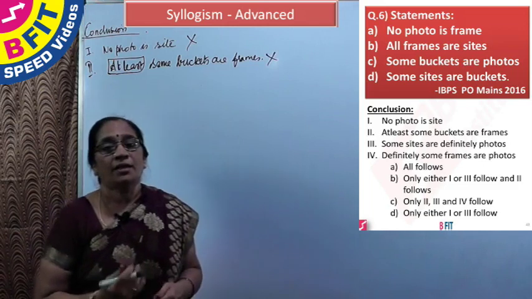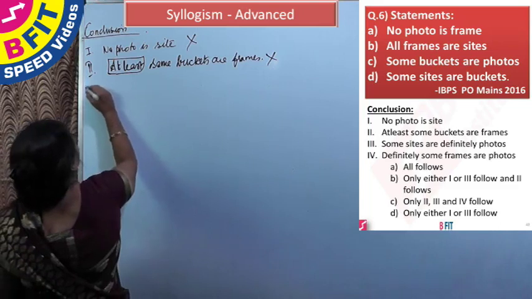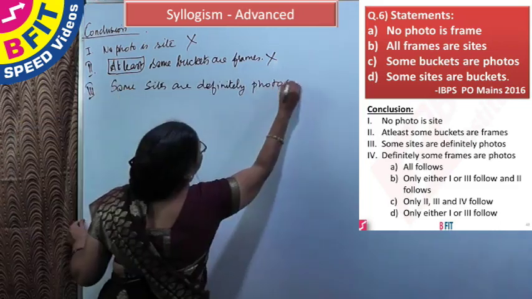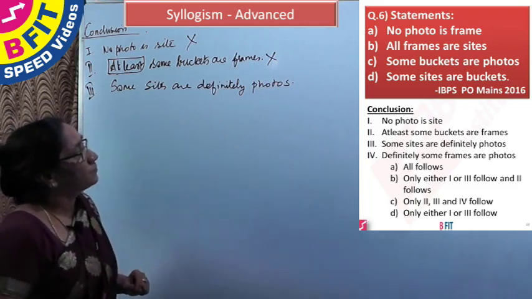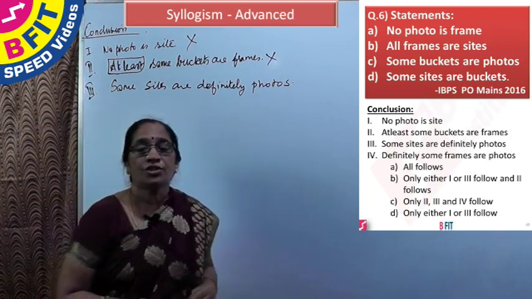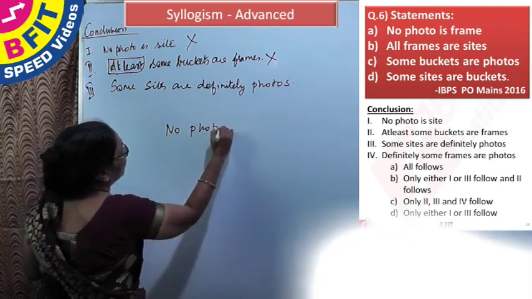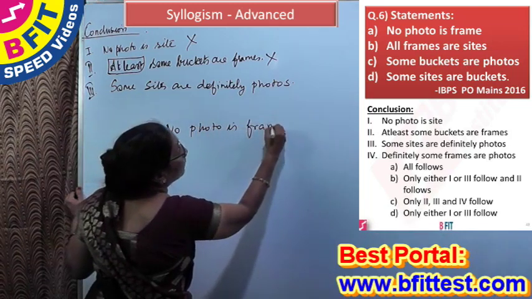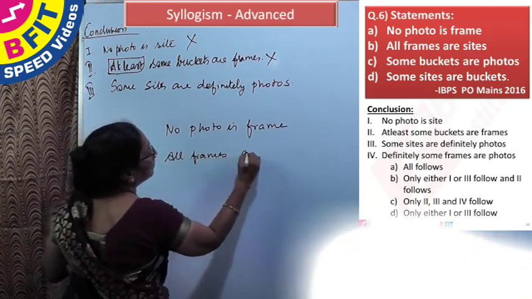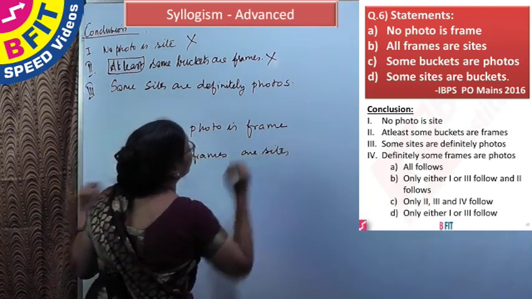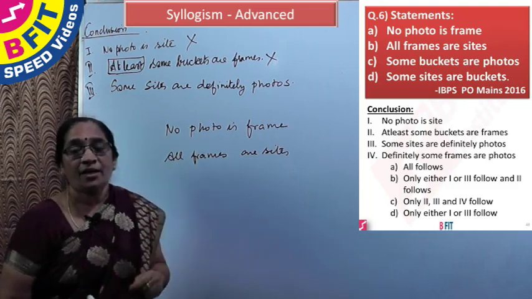Now let us take the third conclusion, some sides are definitely photos. For this, we will consider the first two statements. This conclusion also contains the term definitely, which we can ignore.